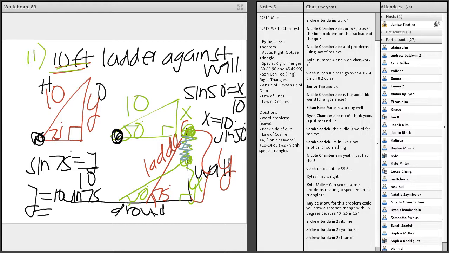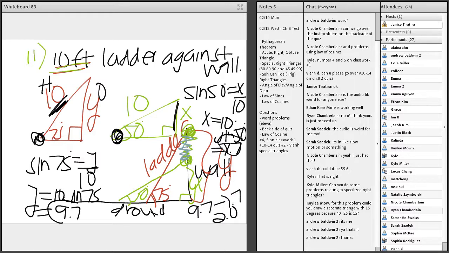So the first answer was about 9.7. It has to be less than the hypotenuse, right? Because the hypotenuse is always the biggest. And then the 50-degree one was up the wall about 7.7. So we're going to subtract those two numbers, and that is 2.0.